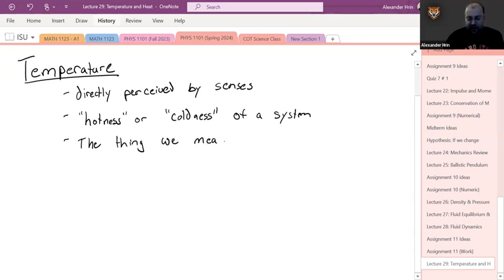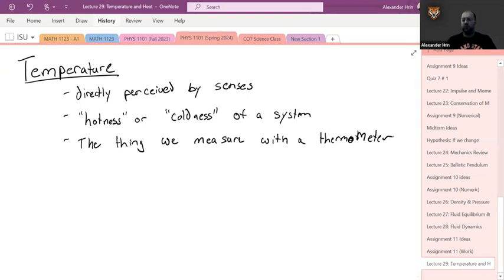Now, a thermometer, how that works, basically what you have with a thermometer, you have a small bulb of mercury. It doesn't necessarily have to be mercury, but mercury is a common choice.